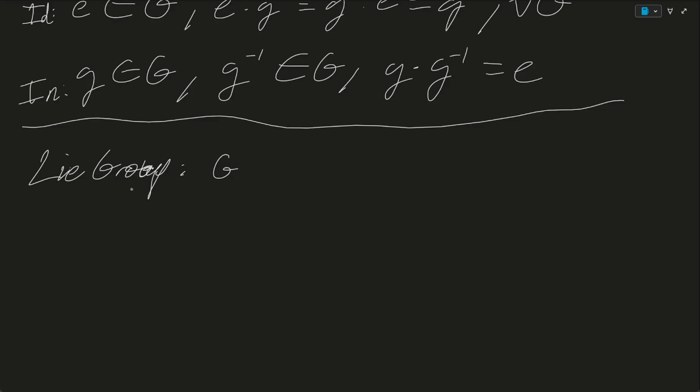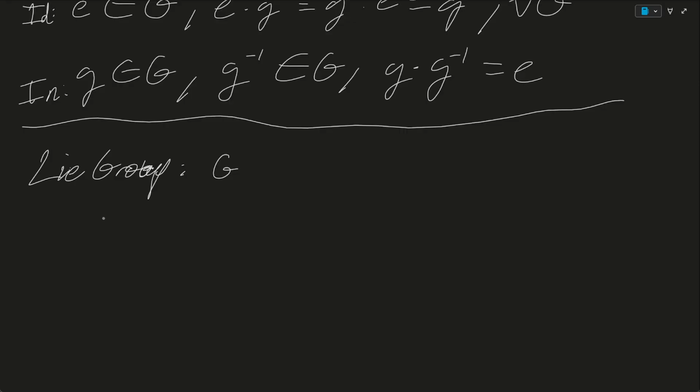The idea here is that group elements depend continuously and differentiably on parameters, which is what allows us to differentiate. Because how on earth would you differentiate a group otherwise? That's the premise of the whole thing.